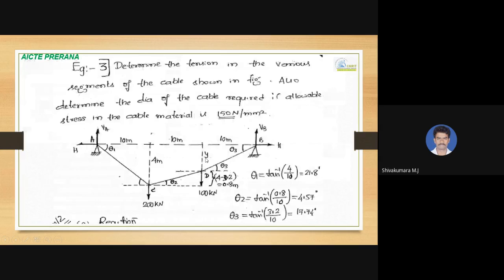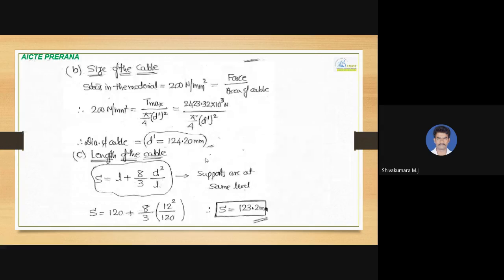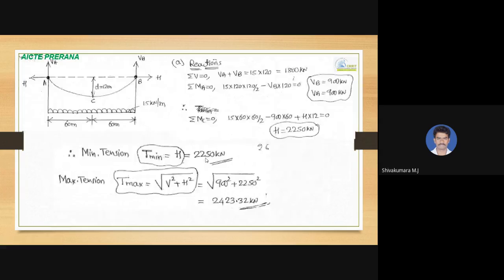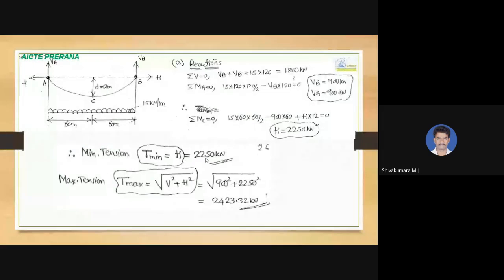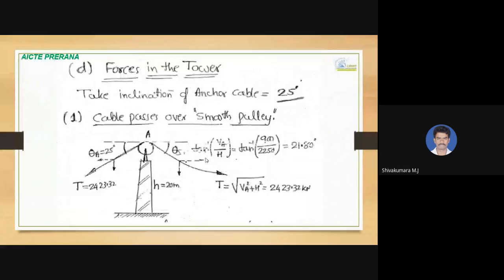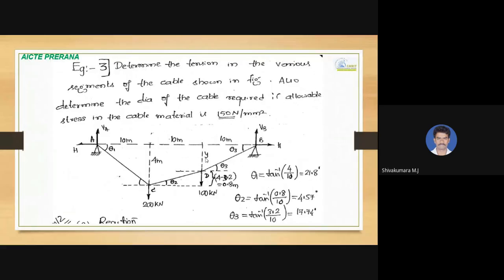So one sample problem on analysis of cables subjected to uniformly distributed load I showed. So cables may be subjected to concentrated load sometimes. And another example on the same topic.